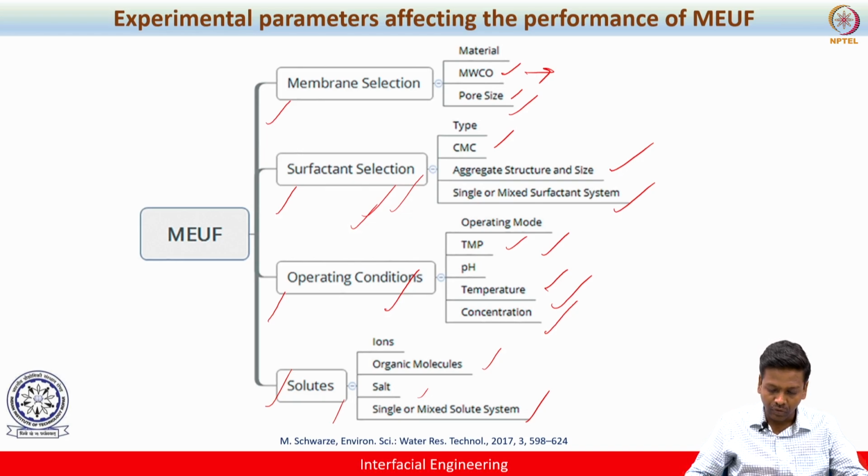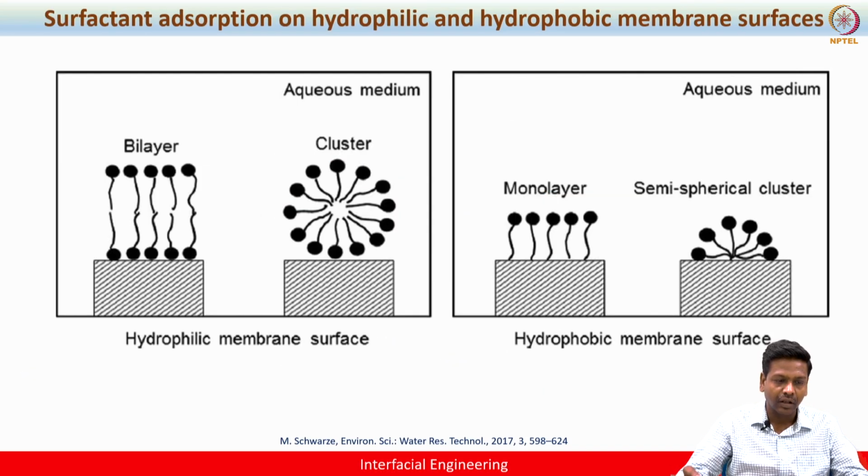We will now look at the mechanisms through which membrane clogging takes place. This is a very important aspect. Before we look at the strategy to recover the surfactant, we also have to understand the mechanism through which clogging of the membrane takes place.